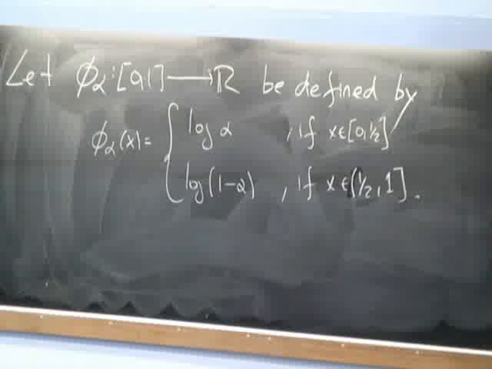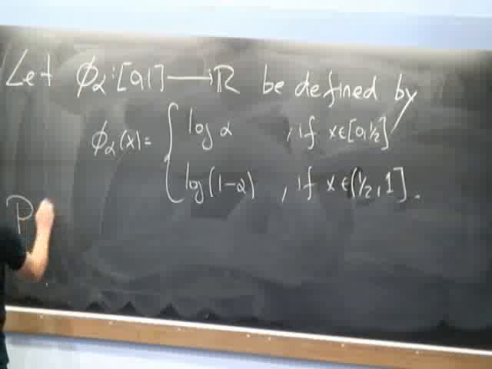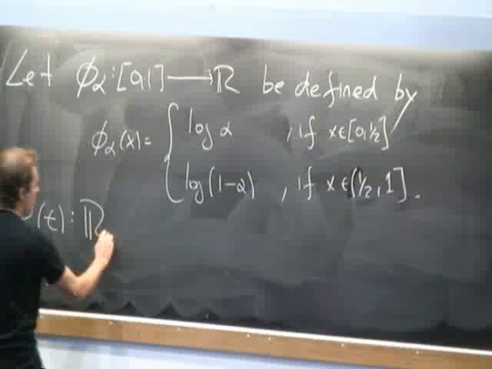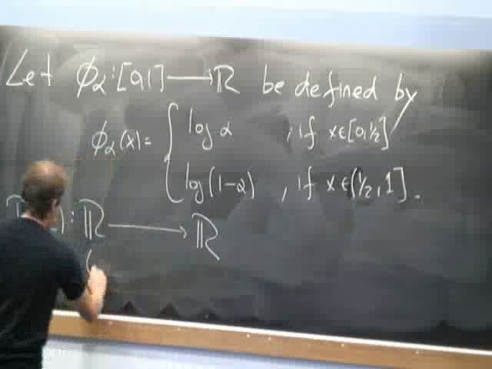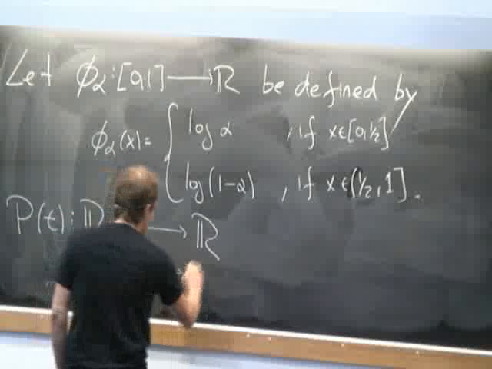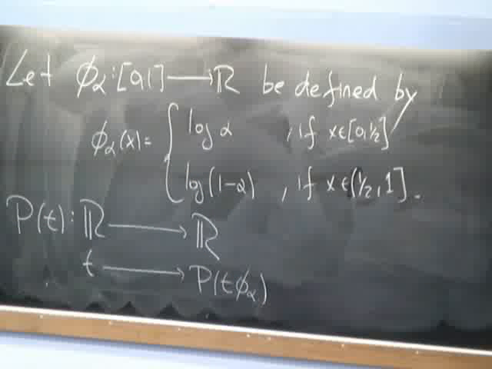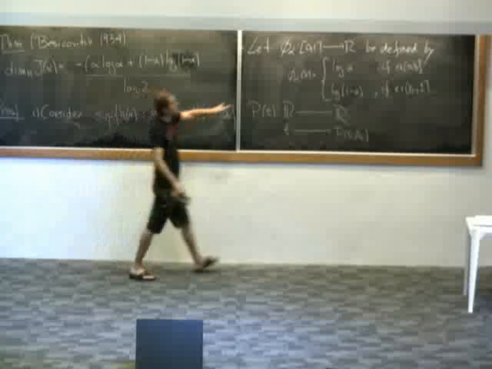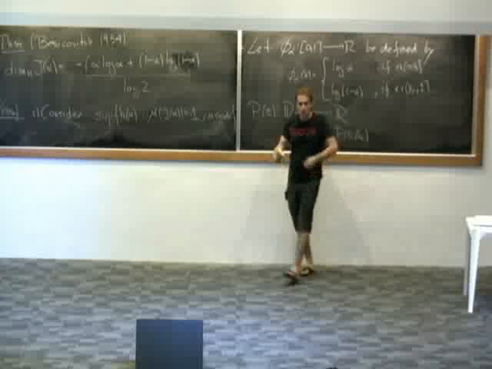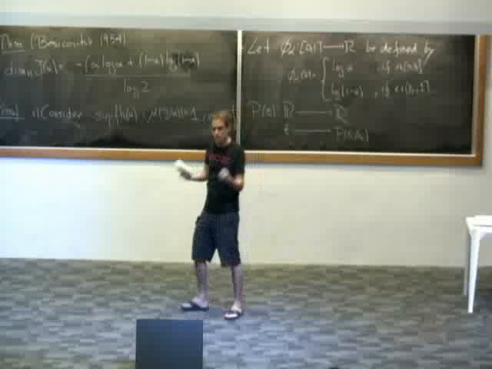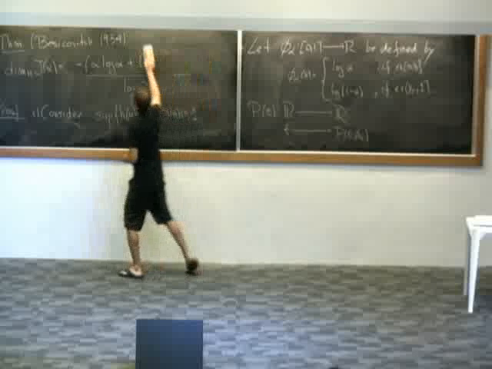And what I can do now is to compute the pressure of the following function. I will define P_t from R to R, and to each parameter t, I will compute the pressure of t times this potential. So it's a one line that you follow. The good thing about this kind of system is that since everything is linear or piecewise constant in the element of the partitions, you actually can explicitly compute the entropy, the pressure.